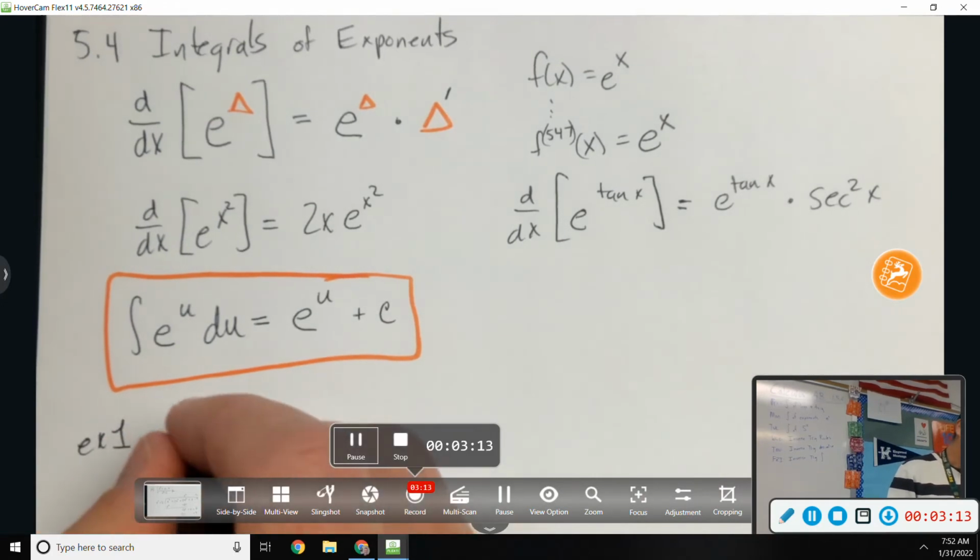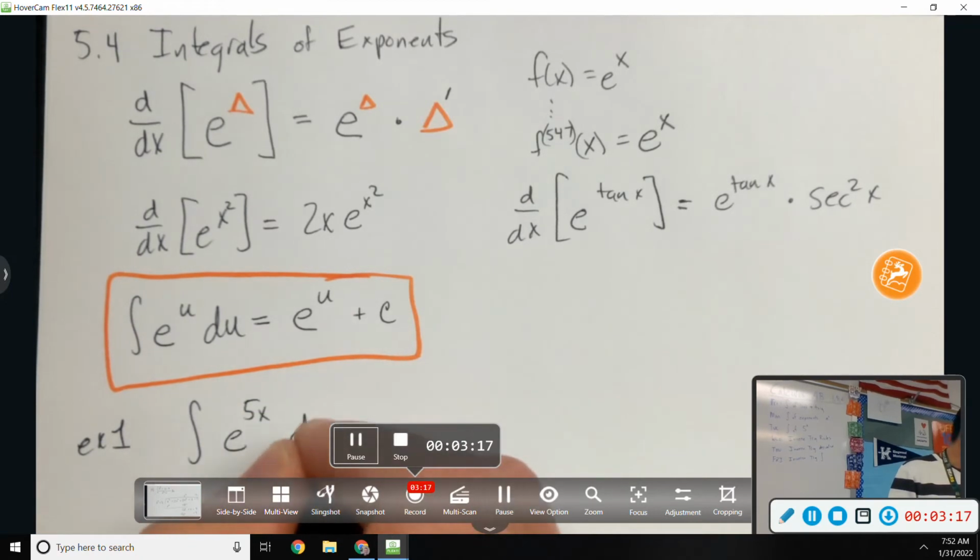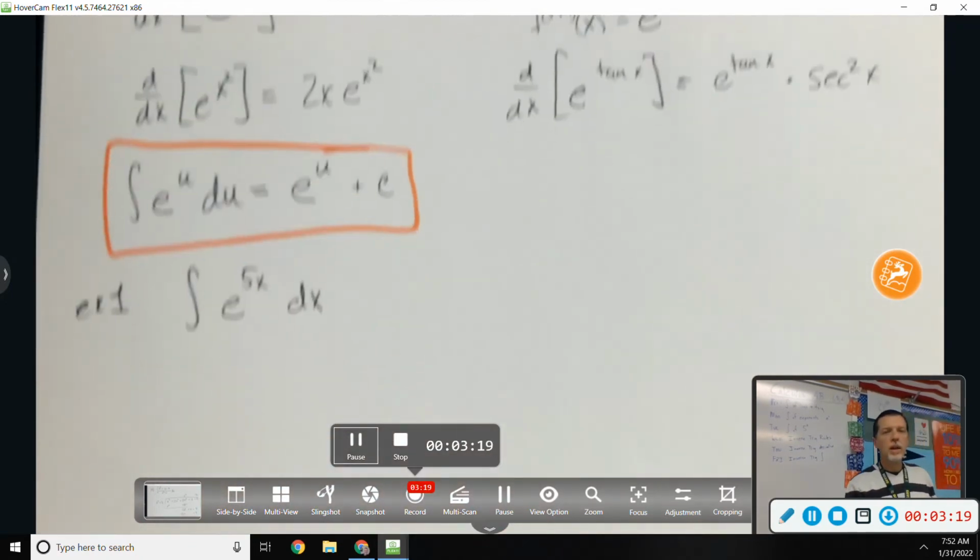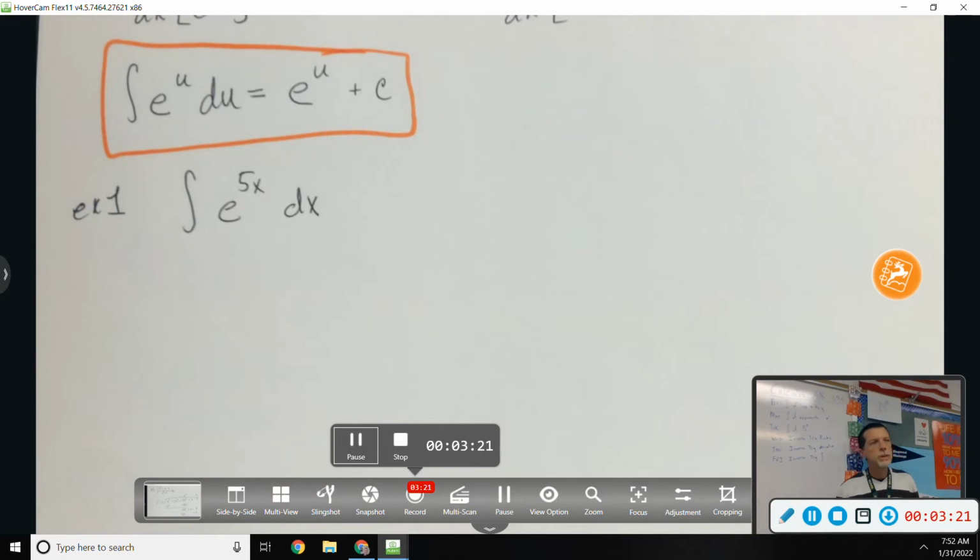Let's do an example. Antiderivative of e to the 5x dx. Well, I guess what's making this problem more complicated than we'd like it to be? The 5, yep. So what's our trick for making complicated integrals a little bit easier to work with?